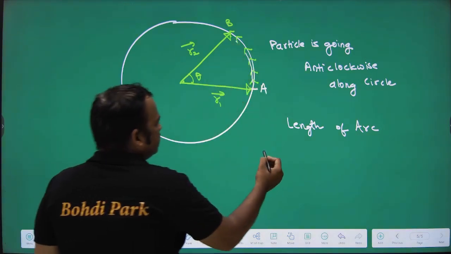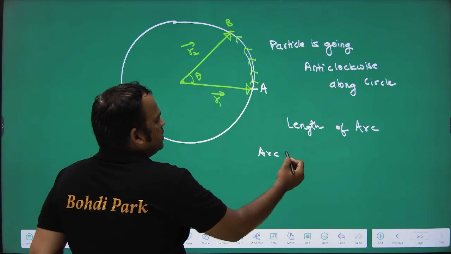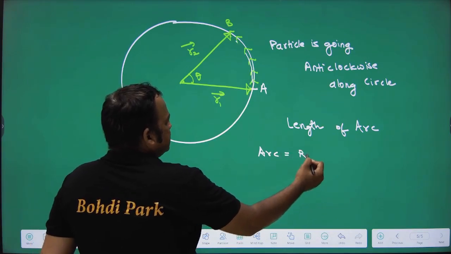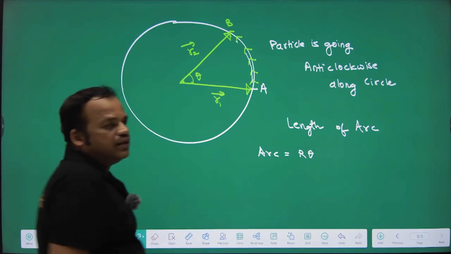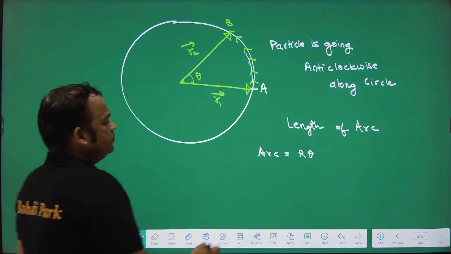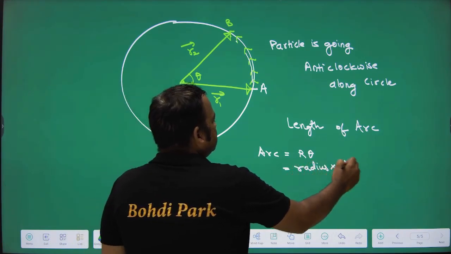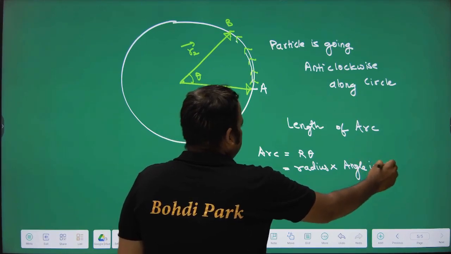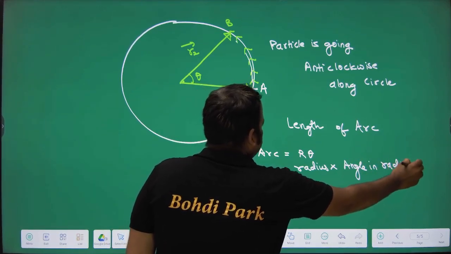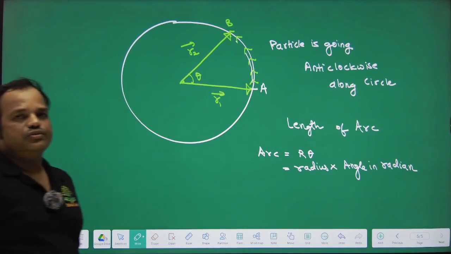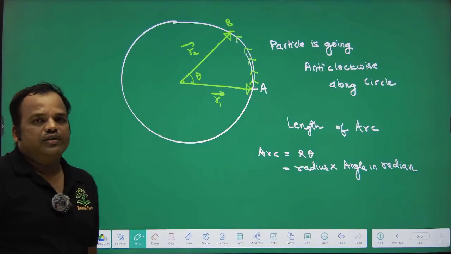We have a direct formula for that. Angle times radius is equal to the length of arc. When we multiply radius with angle in radian, it is known as length of arc.